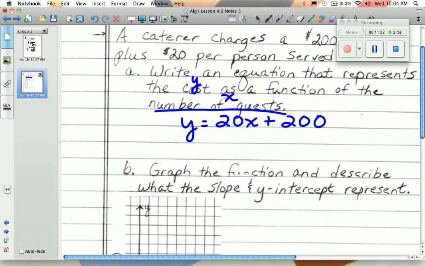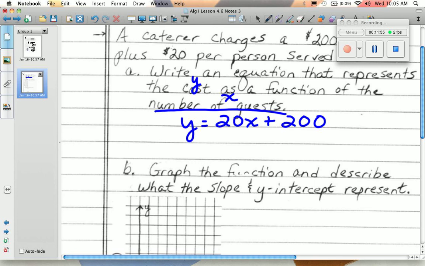So in other words, you can say to them, I just want you to cater for me. And they don't even ask you at that point how many guests you're going to have. They say, okay, no guests involved, I'm just going to cater for you, it's $200. So at the start, the cost is $200. No guests, $200.